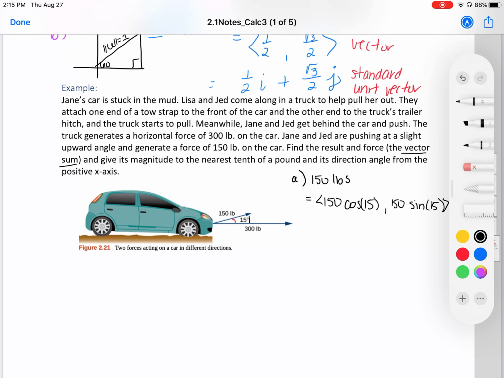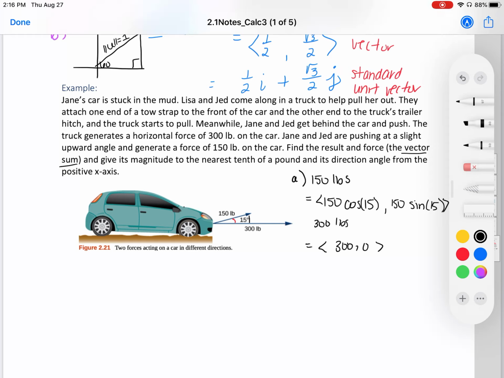Because it's not exactly along the x or the y-axis. It has an angle we need to consider. That's our vector. For 300, this one is right across. There's no angle. So our vector for that one would be 300, comma 0.